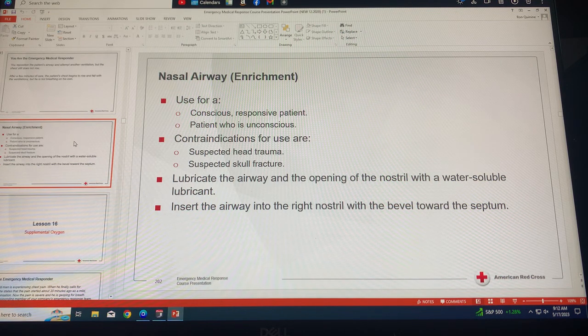Contraindications for use are suspected head trauma, as we discussed, and suspected skull fracture. Lubricate the airway and the opening of the nostril with a water-soluble lubricant, and insert the airway into the right nostril with the bevel toward the septum. Okay, so that concludes Unit 15, Lesson 15.